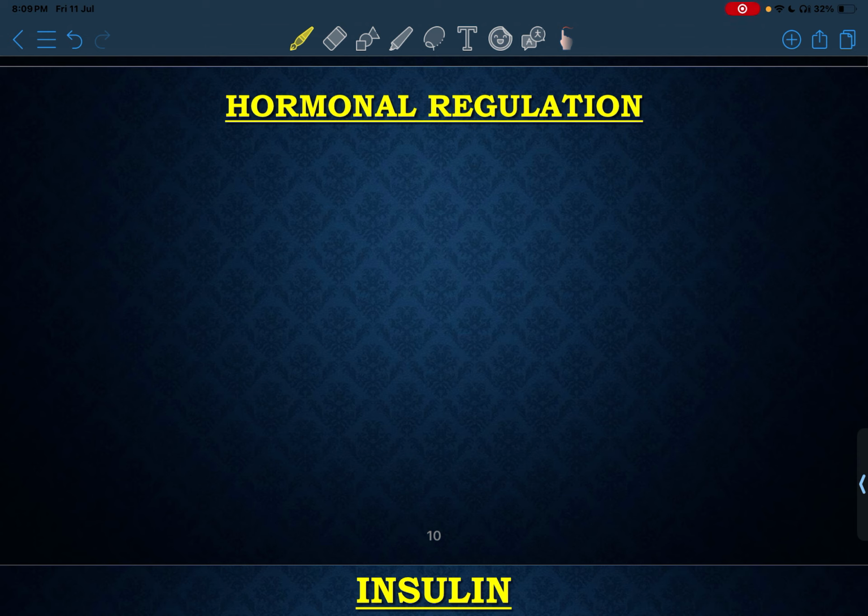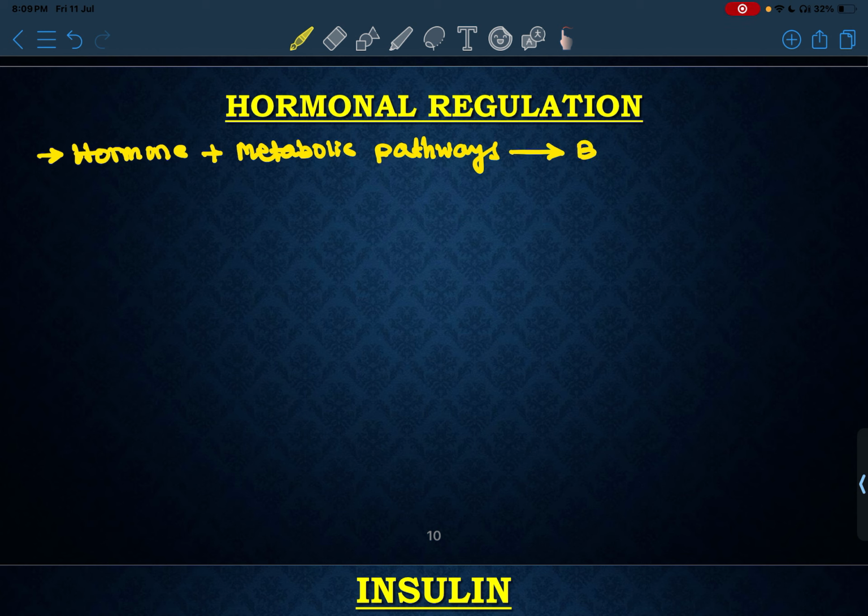So these hormones plus metabolic pathways together control the blood glucose regulation.